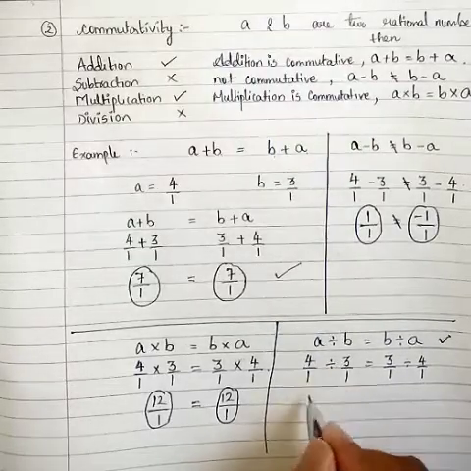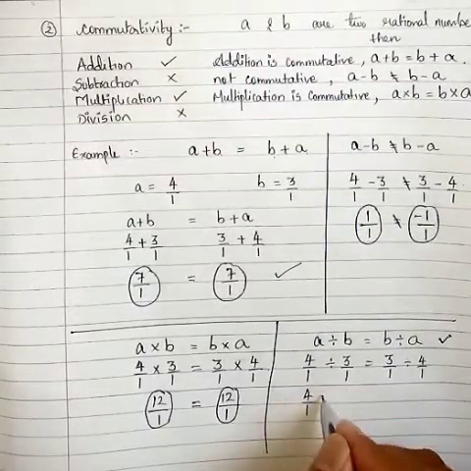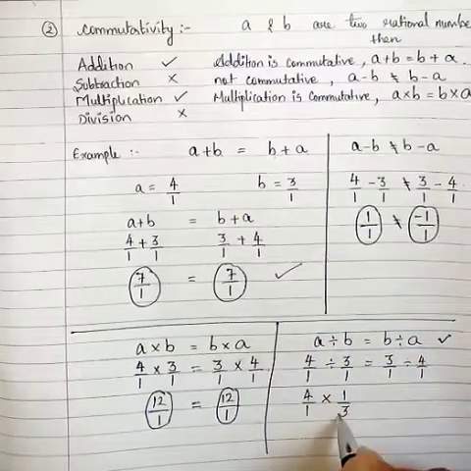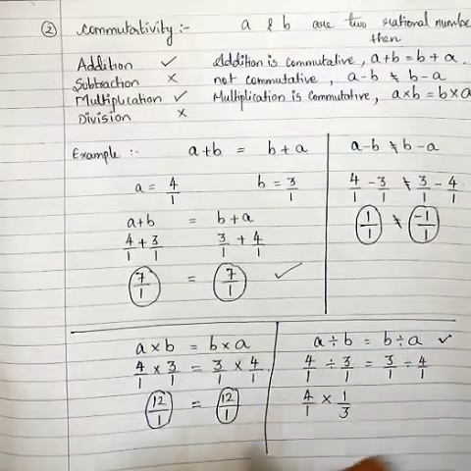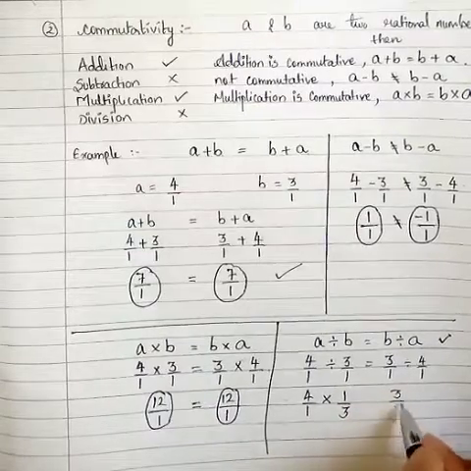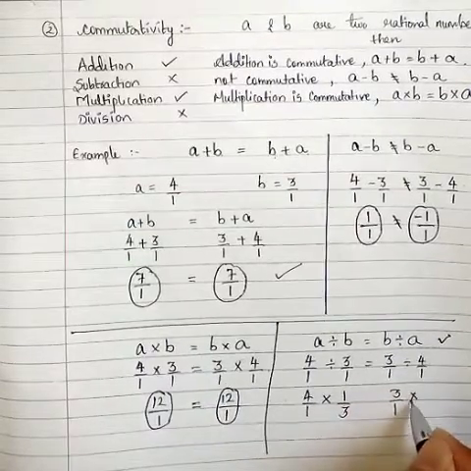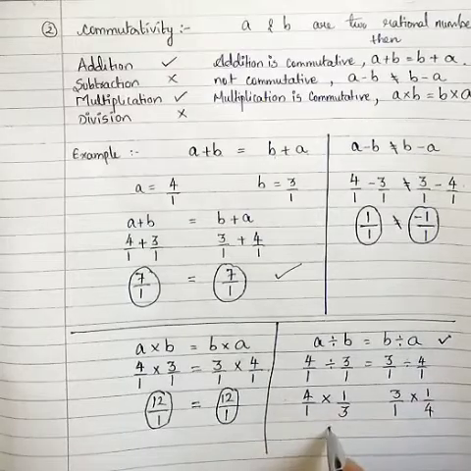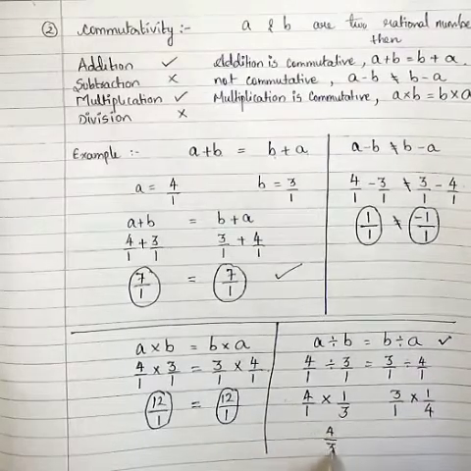So for division, we change the division sign to multiply and take the reciprocal of the right hand side part of the division. Similarly, I have to do the same here: the division sign will change to multiply and take the reciprocal of this. So here I am getting 4 divided by 3.